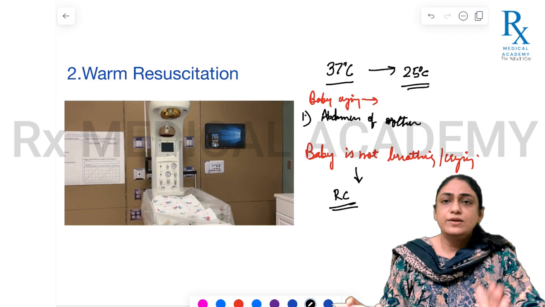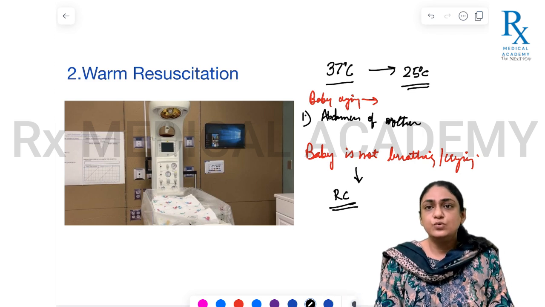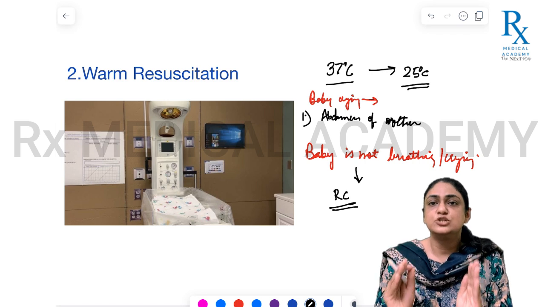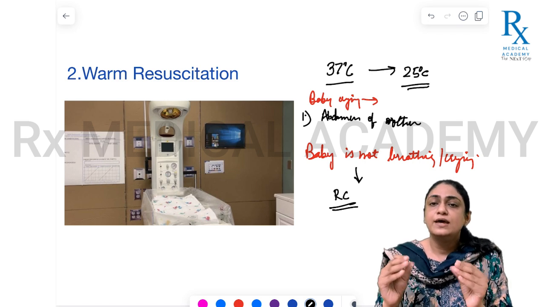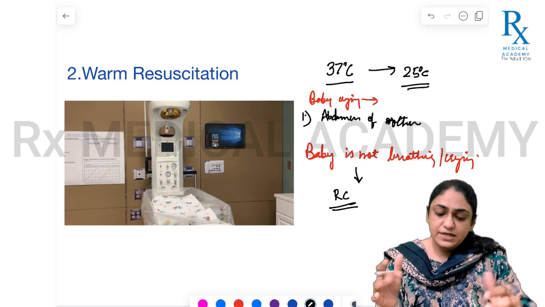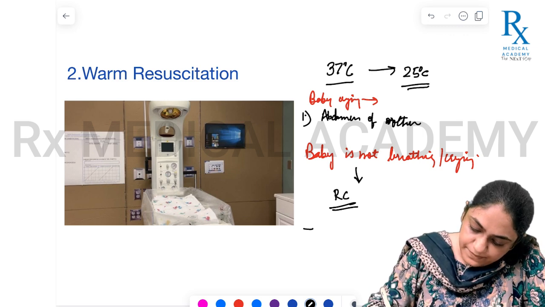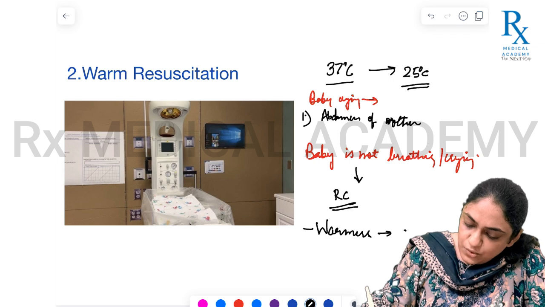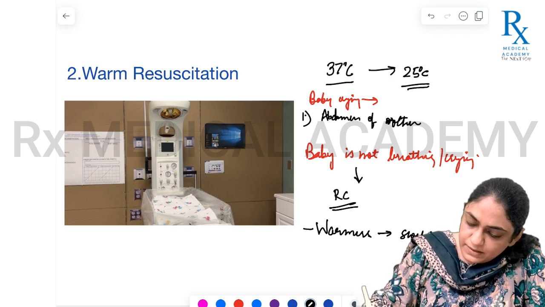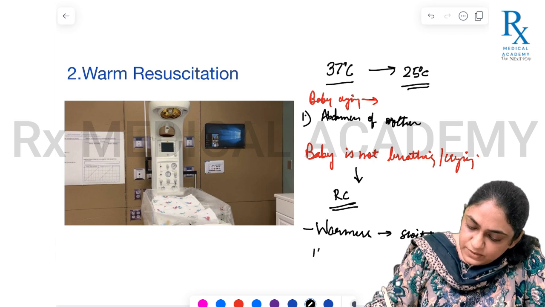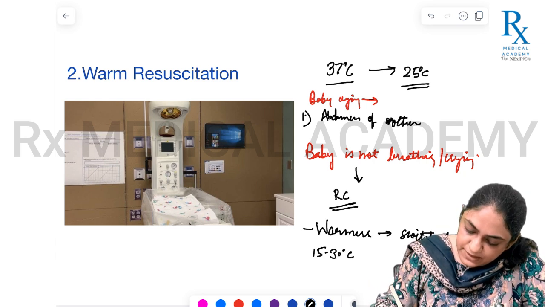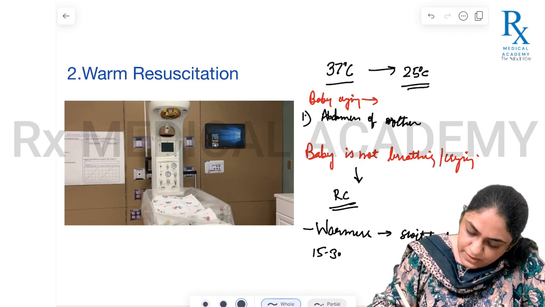Now in the resuscitation corner, what we can do is pre-warm all the things. All the things needed in the resuscitation should be pre-warmed, including linen or whatever else is needed, and for that we use warmers. Warmers should be switched on 15 to 30 minutes prior to the delivery.